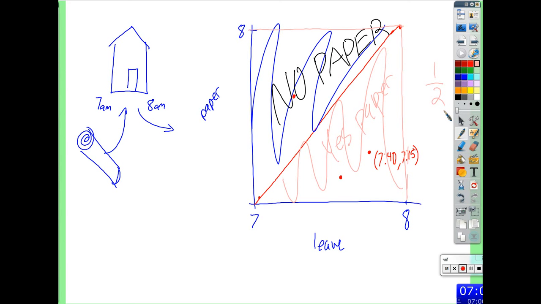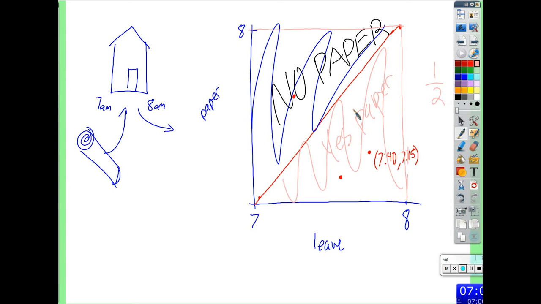So we turned a seemingly impossible problem into a problem where we just compare areas. It's like I give you this area and I want you to shoot an arrow randomly somewhere on this square, and it hits a random point like right there, and that determines the combination of the times that the paper gets there and that you leave.